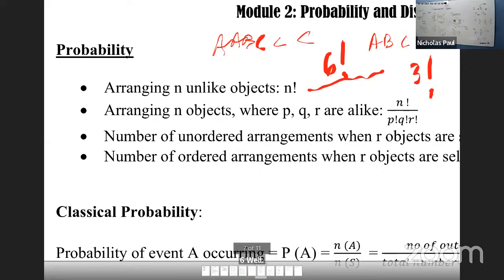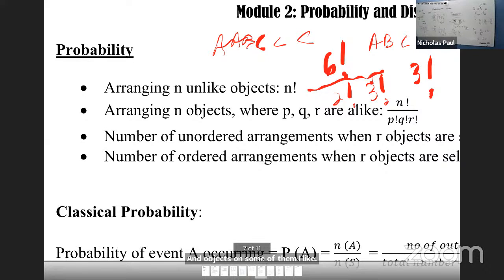So basically, how many A's do you have? 2 A's. How many B's? 1, so you can leave that out, and you have 3 C's. That is the way you obtain the number of arrangements when you have n objects and some of them are alike. Okay, that's just arranging them.